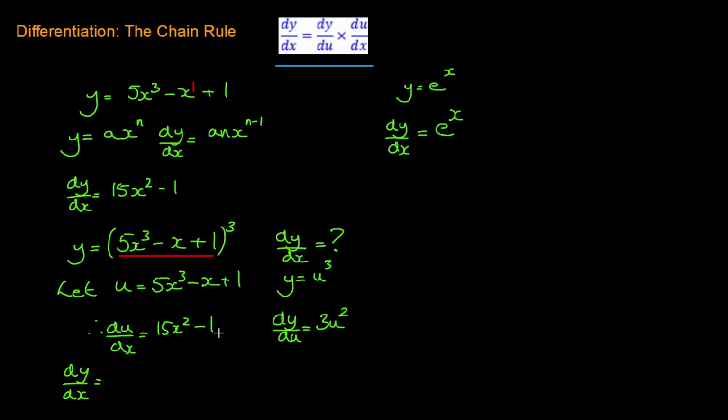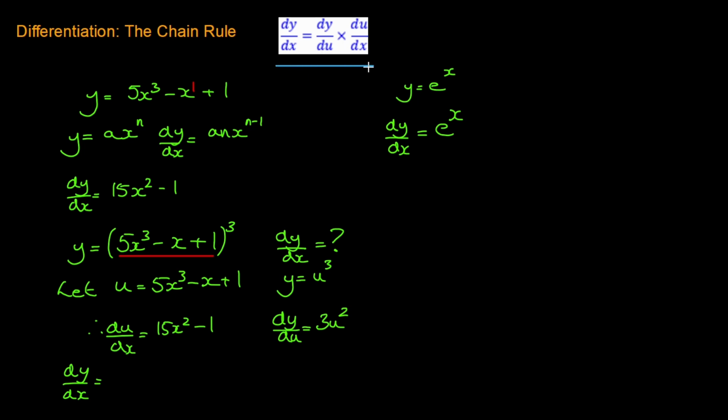I hate doing this in any course, but in a way you're going to have to take this as read. You can treat dy/dx as the multiplication of dy/du multiplied by du/dx. And effectively, can you see the du's almost act like a fraction and cancel out?